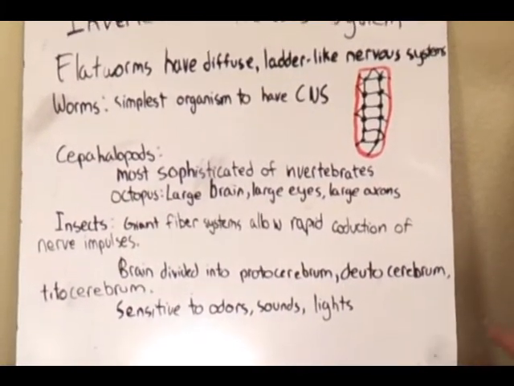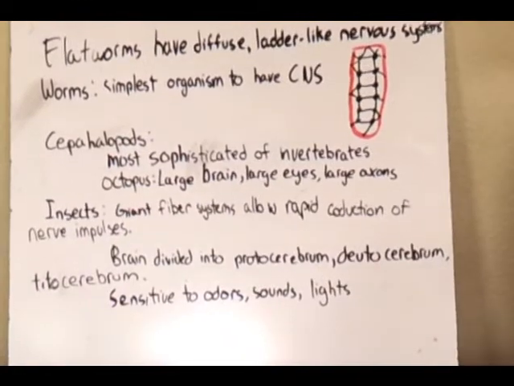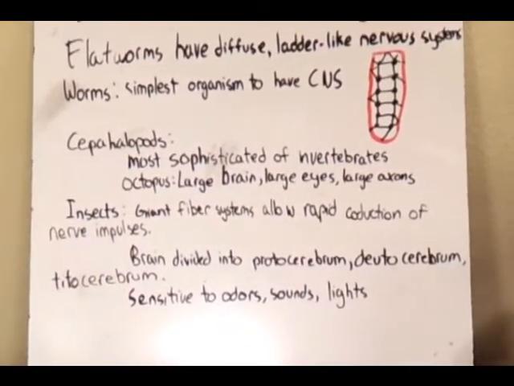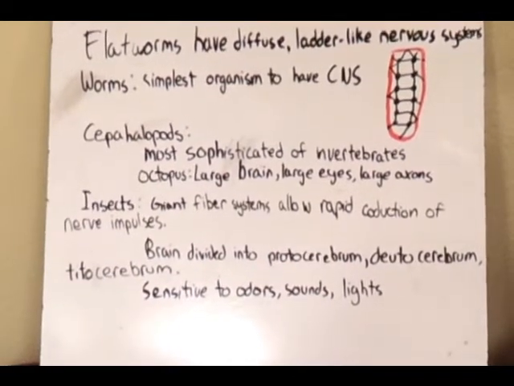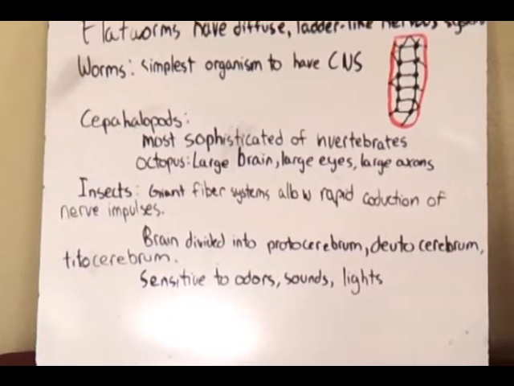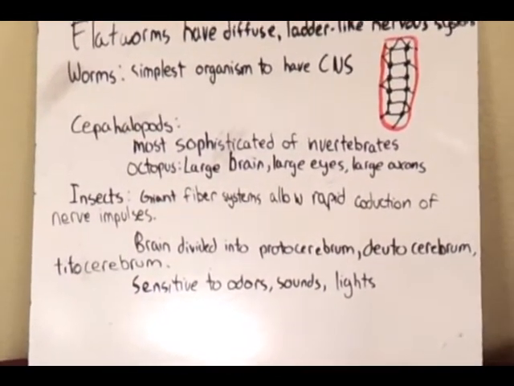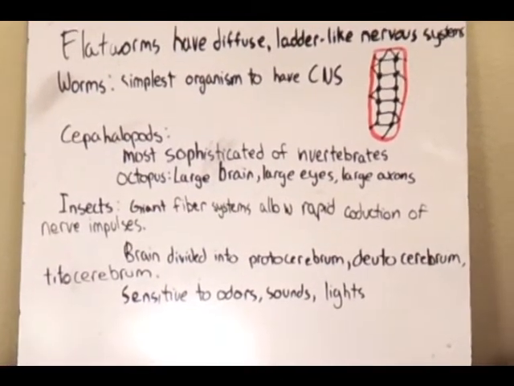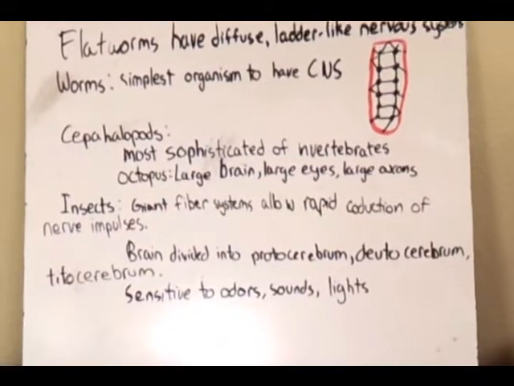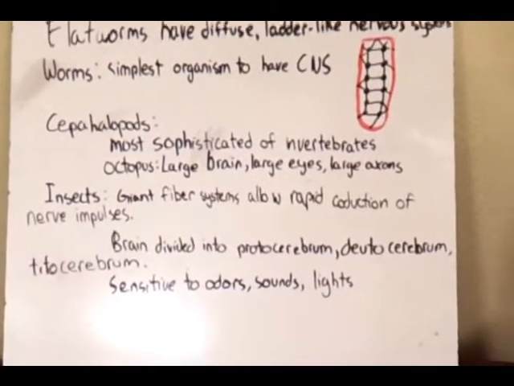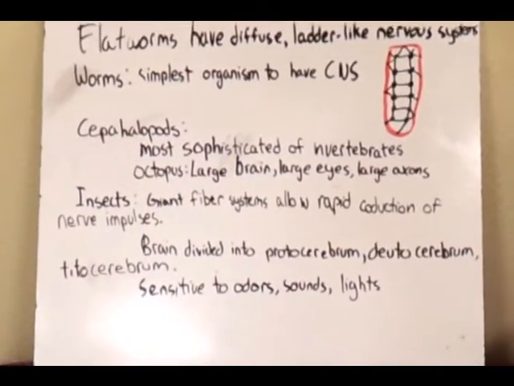But cephalopods are more complex because they start to develop a brain and a head. For example, the octopus has a very large brain, large eyes, and large axons, meaning that it can send impulses along its nerves a lot faster and a lot stronger to do more complex things.